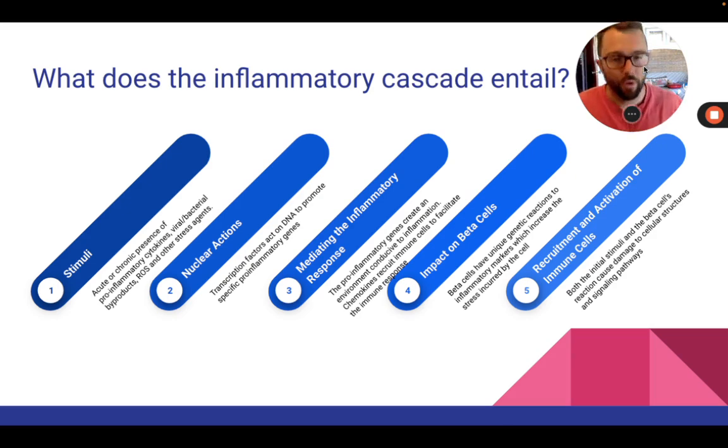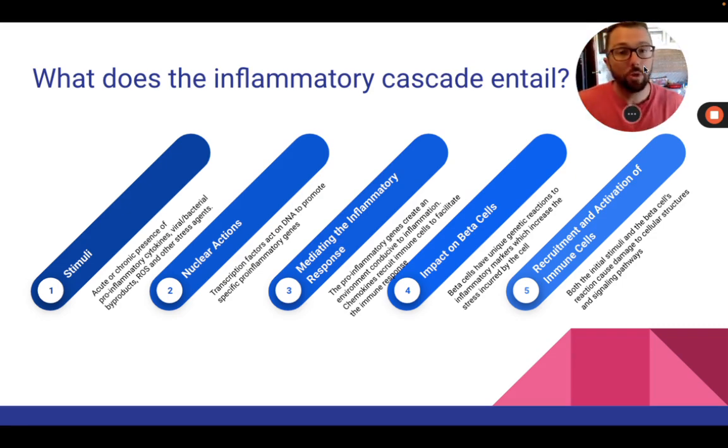So the pro-inflammatory genes, which have been turned on in step 2, now create an environment conducive to inflammation, right? The fire trucks are on their way. They're bringing the water. They're going to put everything out. The chemokines, which are like the inflammatory markers, are like road flares in a way, letting them know that something's not right.